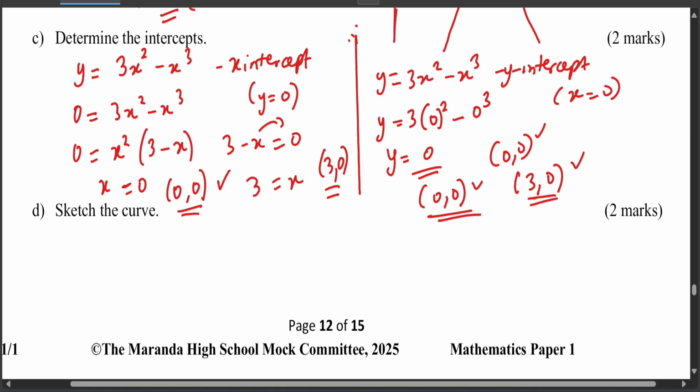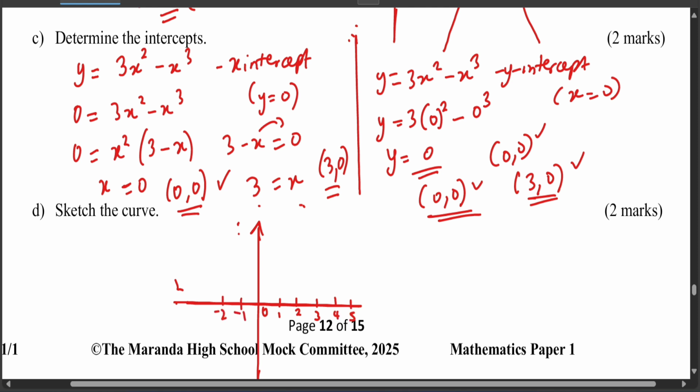So let's draw the curve first. When you draw it, you don't need to use a ruler even, because you're sketching. But for now, let me just use this one. Let's say it is 0, 1, 2, 3, 4, 5.